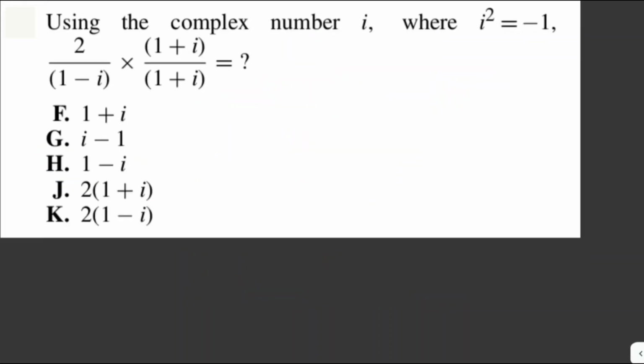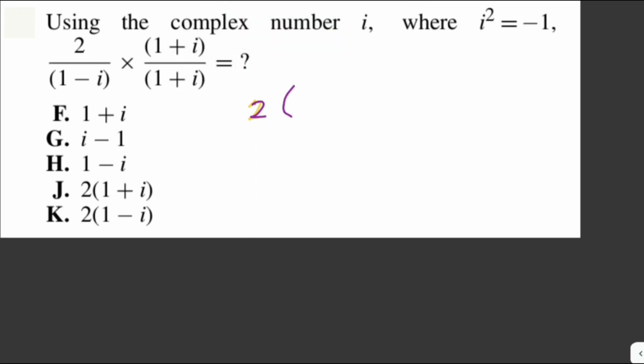Using the complex number i, where i squared equals -1, 2 over 1 minus i times (1 plus i) over (1 plus i) is equal to what? Now, to solve this expression, we just have to simply perform the calculations. So we just multiply 2 and 1 plus i.